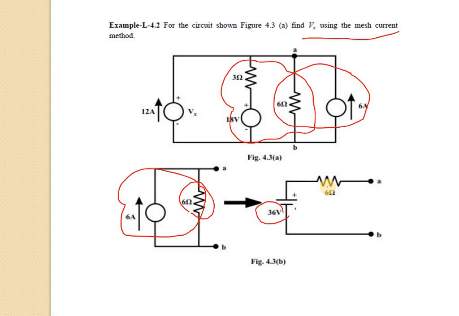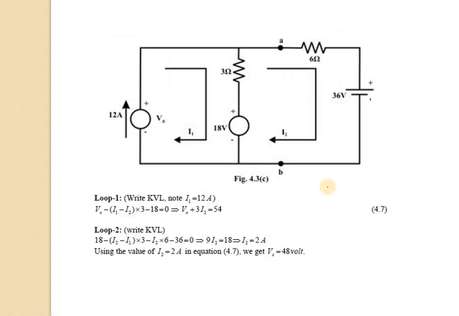Now we will again form the actual circuit using the source transformation technique, and our new circuit becomes this one. That means 6 ampere with parallel 6 ohm resistance is now converted to 36 volt with 6 ohm in series. So now the total circuit became a simple circuit of 2 loops.